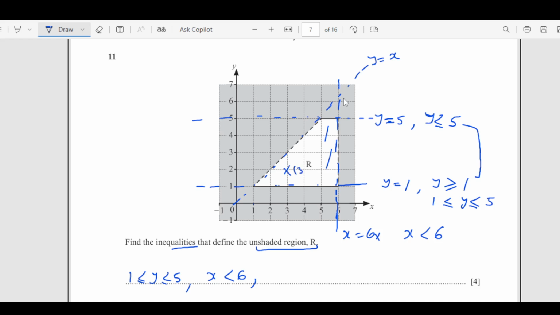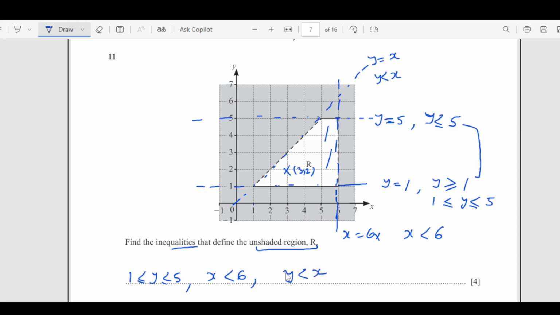This point is 3 and 2, and it's in the region. So the coordinate of x is greater than the coordinate of y. So that means y is less than x. So that is another inequality, y is less than x.